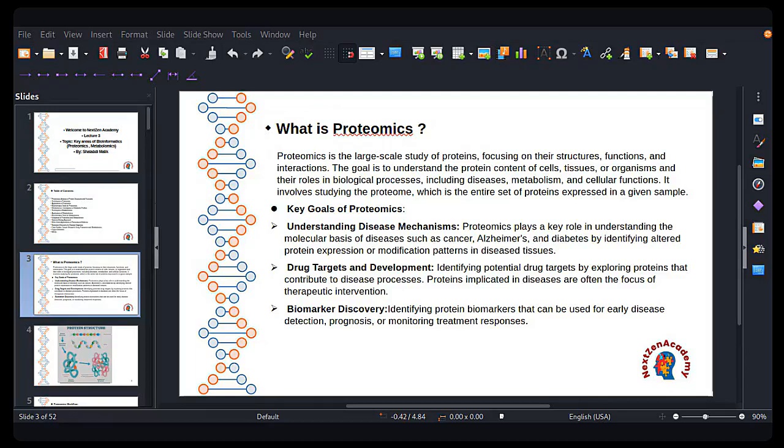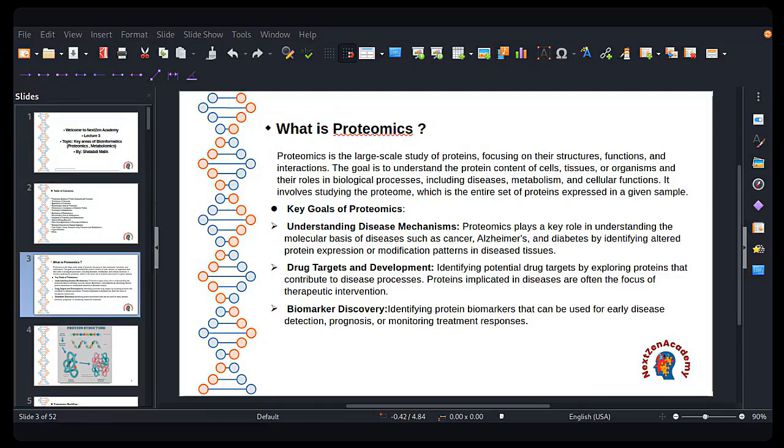If we talk about functions, there are different functions for different proteins, right? If we talk about insulin, what's the function of insulin? We'll talk about insulin today. Insulin is a protein, right?